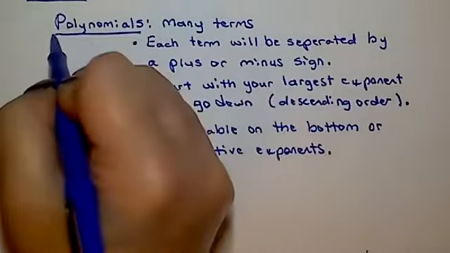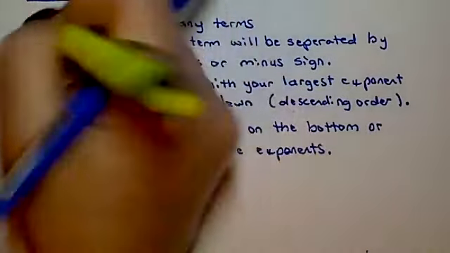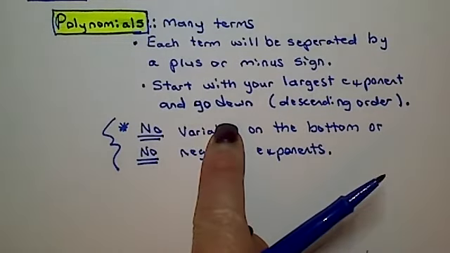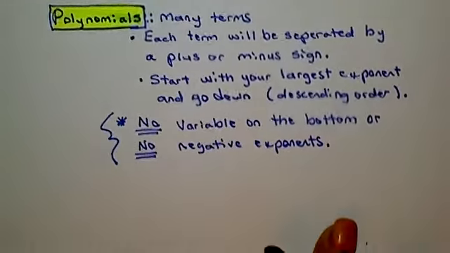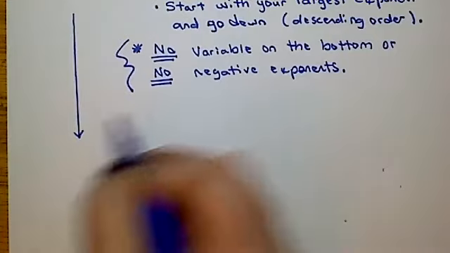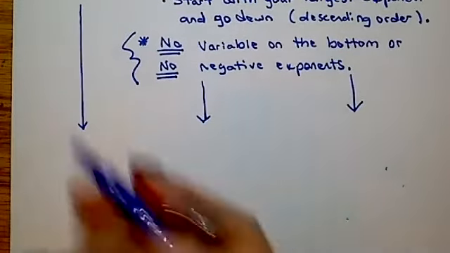Okay, so a polynomial, when you're thinking about this, you're going to start with your highest exponent and you're going to go down and you're going to separate each term by a plus or minus. Now, sometimes we're determining how many terms we have, okay?